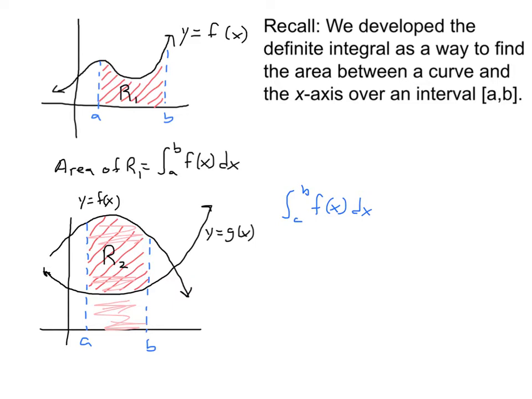Now we just want this part that we had here between the two curves. If I take that definite integral, and then subtract the integral from a to b of g of x dx, so I'm subtracting the area between this curve here and the x-axis from a to b, that will give me that area.